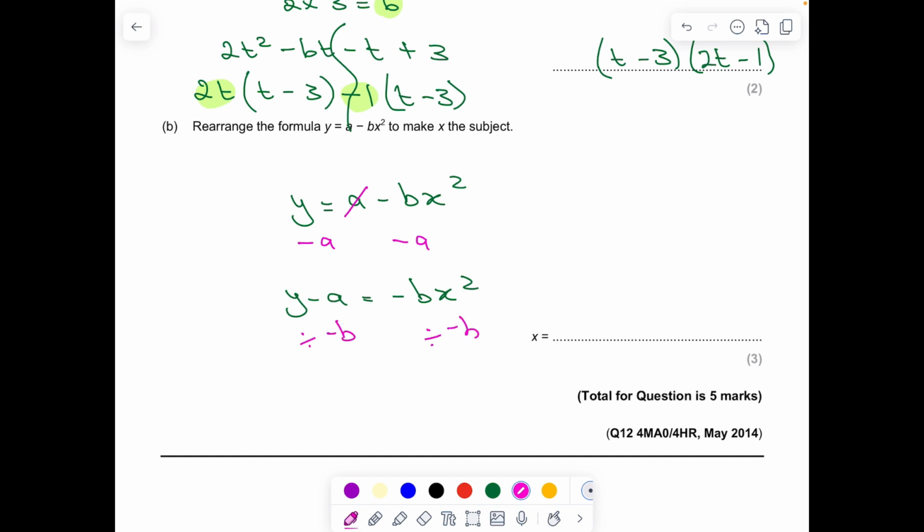And that gives me minus y plus a, because I'm dividing by a negative, over b equals x squared. And then finally, I'm going to square root both sides to give me that x is the square root of a minus y over b. That's it.